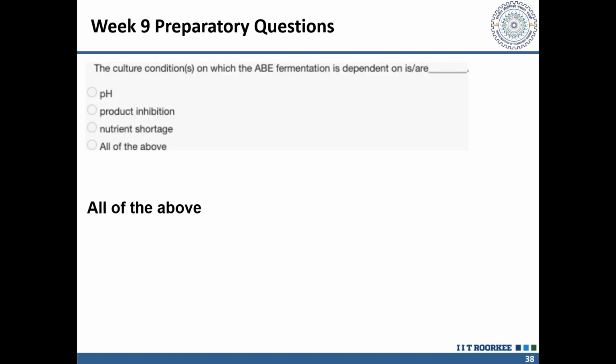The culture conditions on which ABE fermentation is dependent. What are the culture conditions on which ABE fermentation is dependent? The culture means the growth of bacteria or these enzymes or any of these microbes. The microbe growth is most important during the fermentation, and the conditions at which particular microbes grow are defined by pH.